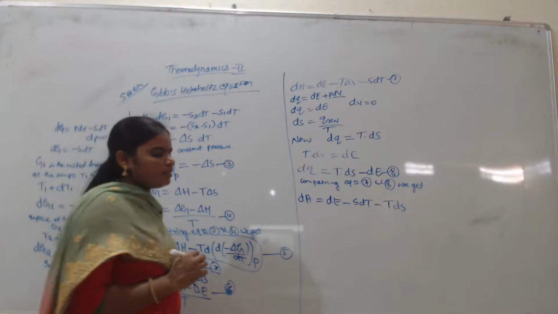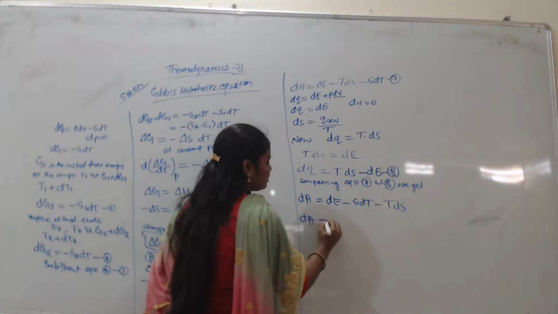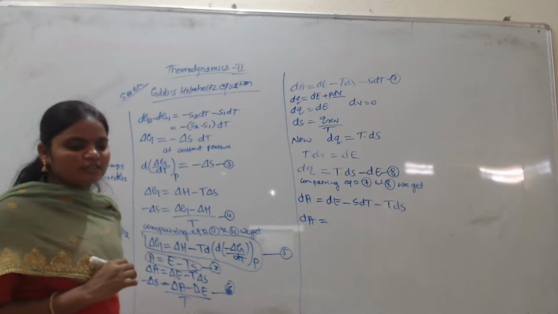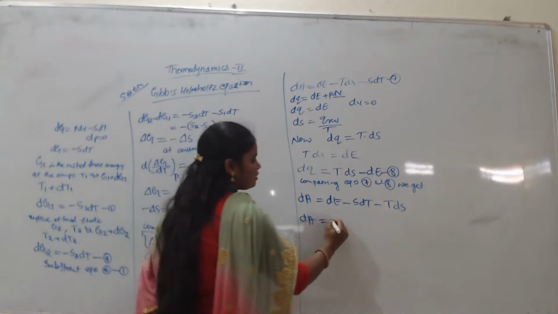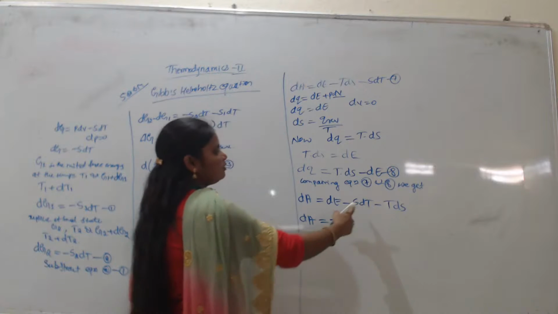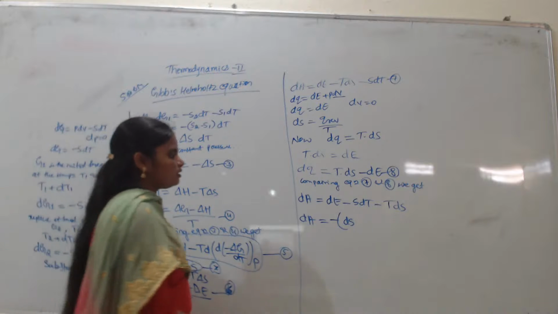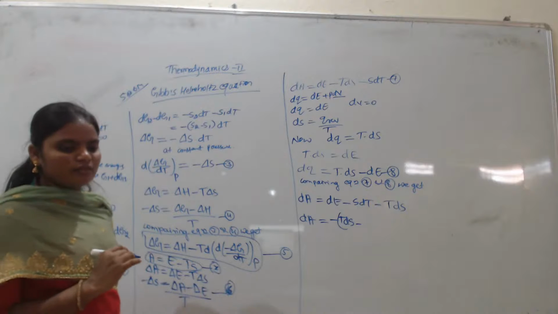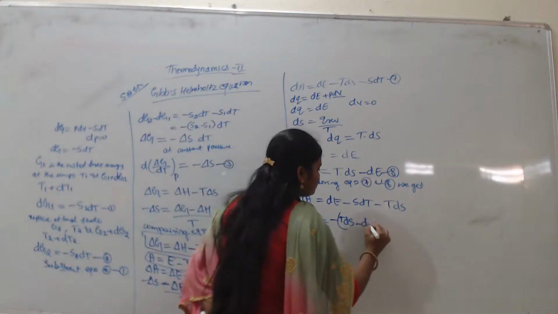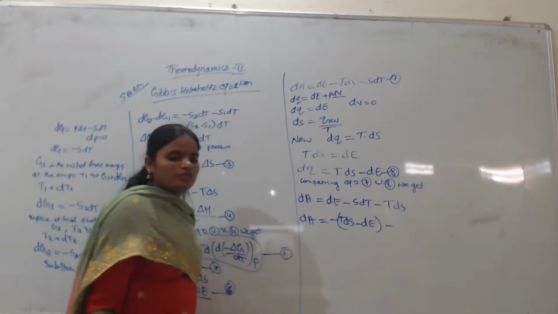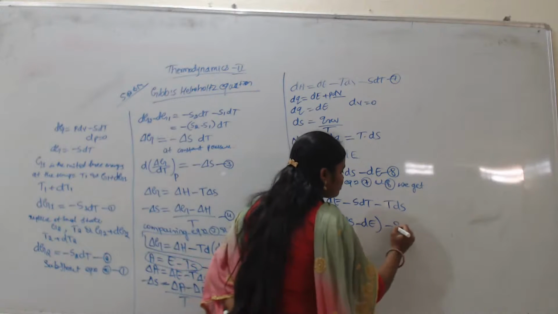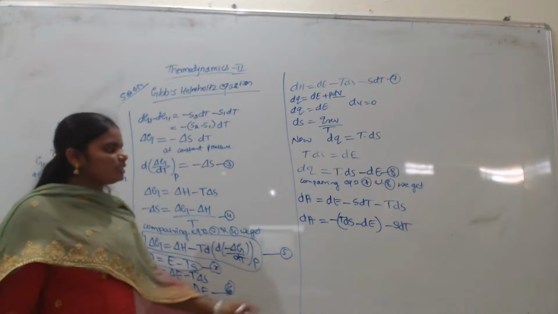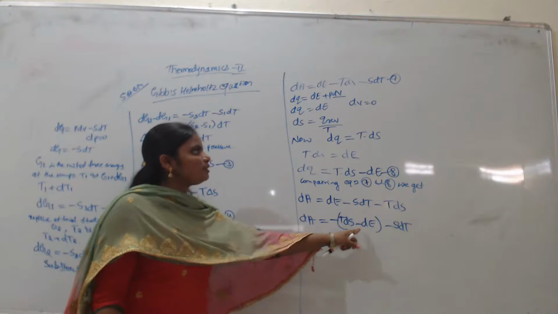Finally you get dA is equal to dE minus S dT minus T dS, and minus T dS minus S dT. Next, it finally becomes dA minus T dS minus S dT.